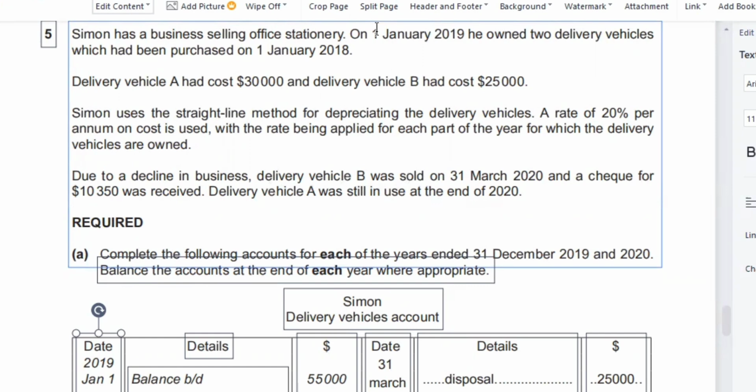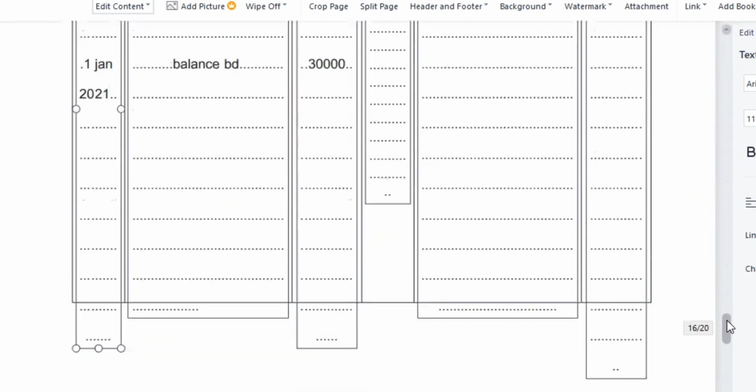So from 1st January 2020 till 31st March 2020, we'll be charging the depreciation. As we are making the depreciation account for 2 years, 2019 and 2020, we'll charge whole year depreciation of vehicle A and vehicle B. 30,000 multiplied by 20%, that will give us 6,000, and 25,000 multiplied by 20%, that will give us 5,000.